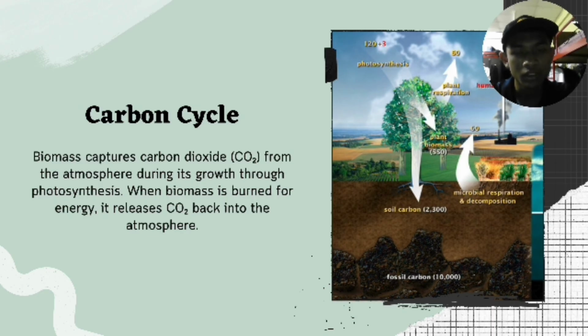As you can see here, the carbon dioxide coming from the ozone is sucked into the tree and goes through the roots, and leftovers are exchanged into soil carbon. Carbon also comes from fossils.